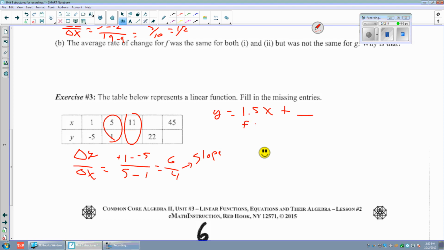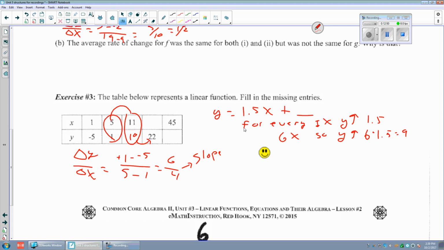For every 1 x, y goes up by 1.5. So there we see a 6 x, so y goes up by 6 times 1.5, which is 9. Y goes up by 9, that's a 10.